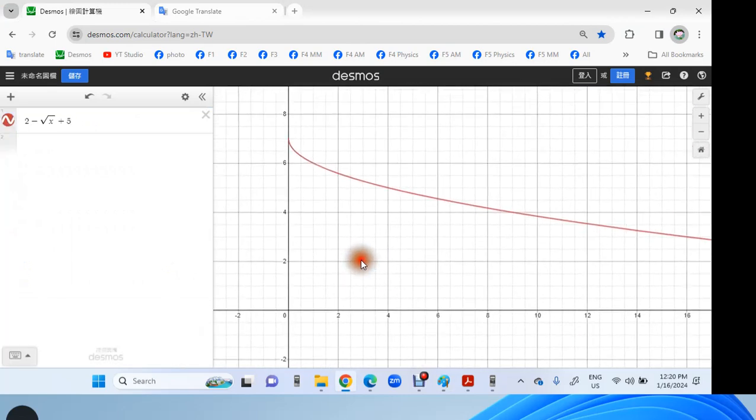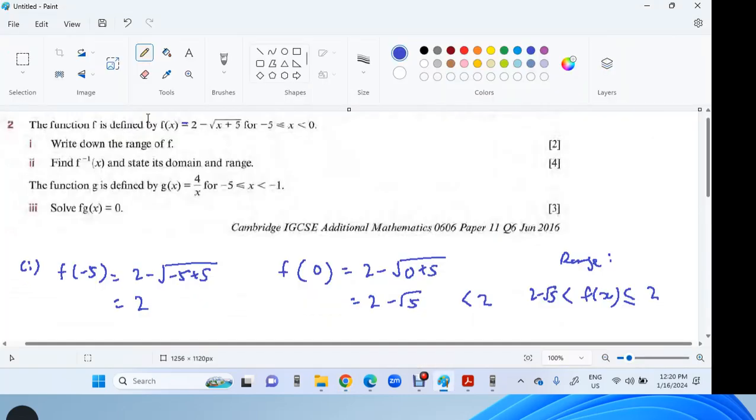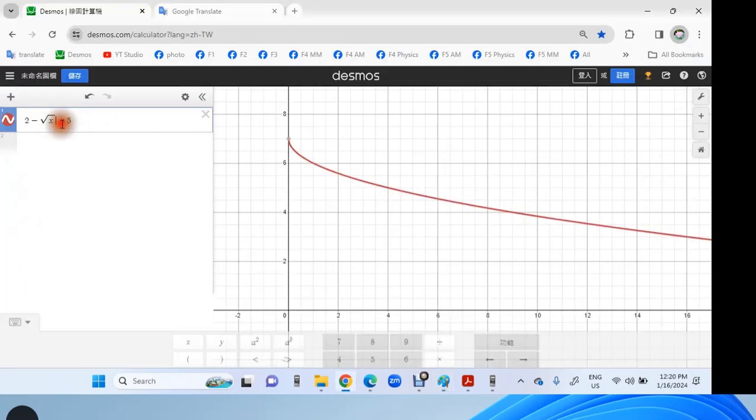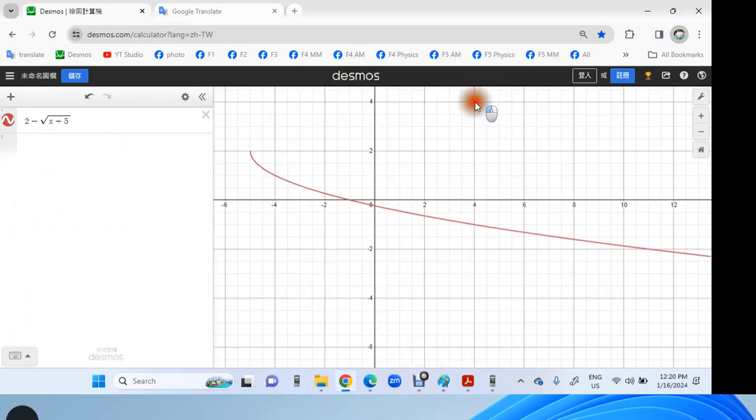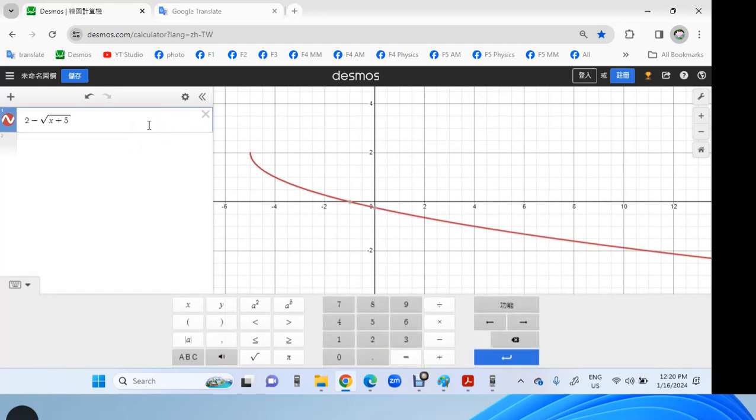So the graph will look like this. From negative 5 to 0. So this is 2 minus square root of 5.